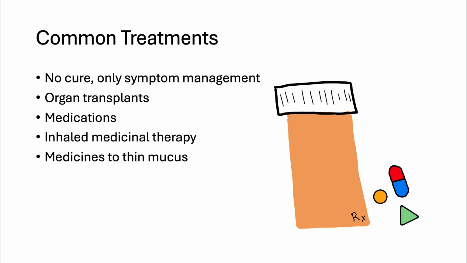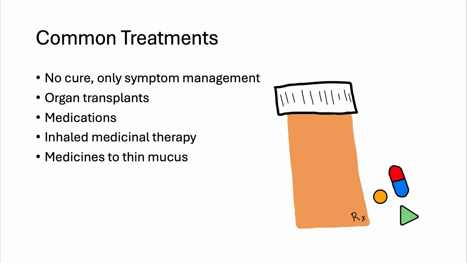As I said before, there is no current cure for cystic fibrosis, so the common treatment options are all just to help manage a patient's symptoms. If a patient has a really bad case, they may even need an organ transplant to replace their damaged lungs or pancreas, but there are also multiple forms of medication, and they can be either inhaled or taken orally.